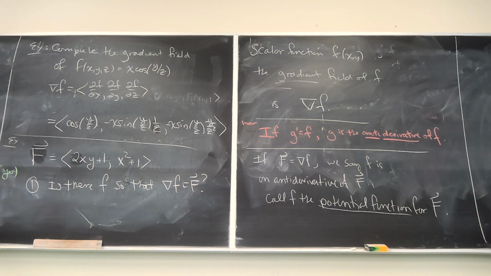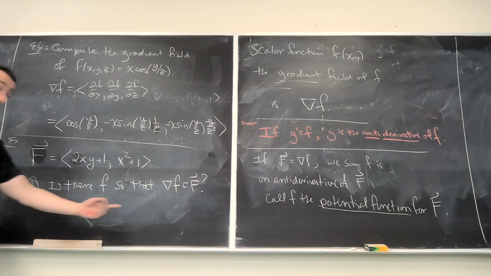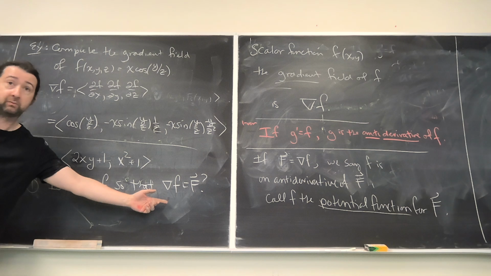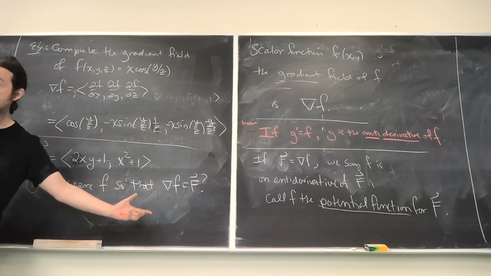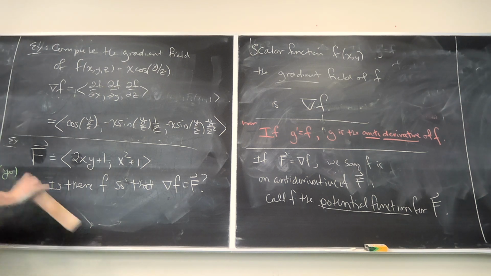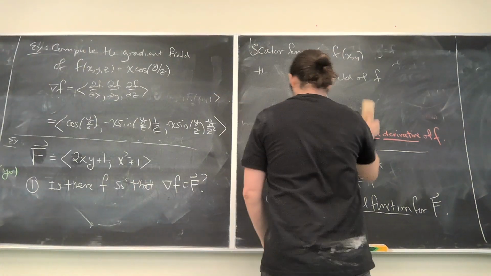But characterizing the vector fields that do have this property, that come from potential functions, is one of the central questions of physics, engineering, and applied math. When do I know that I can do this? And if I can't, can I adjust the vector field so that it does come from a potential function? Right? And the second question is, if it was true that there is such an f, how do I find it?